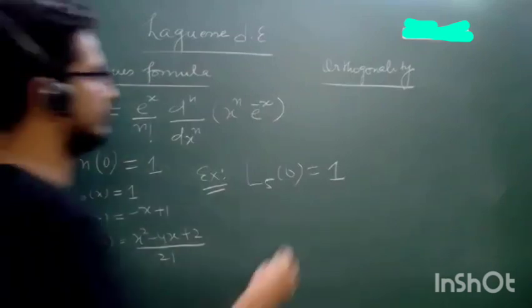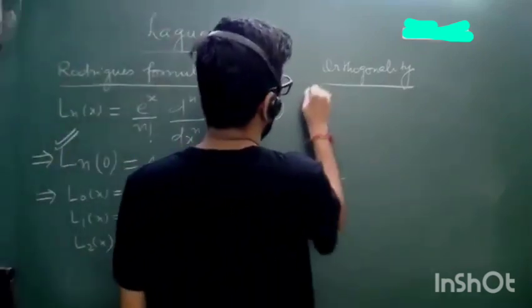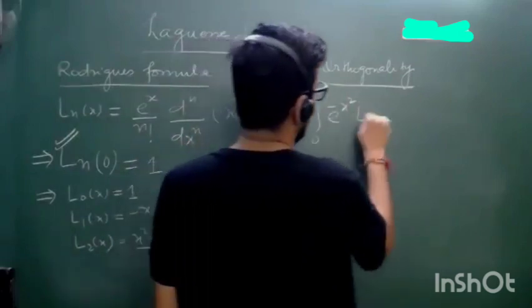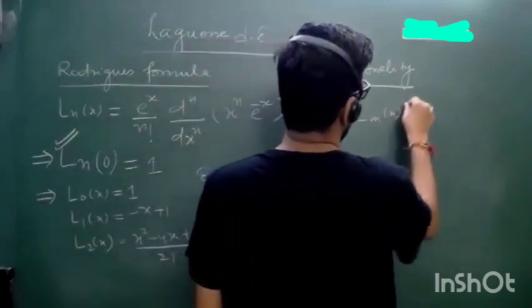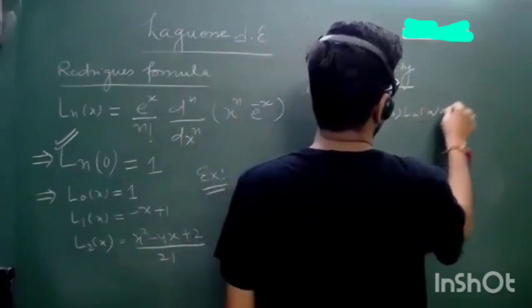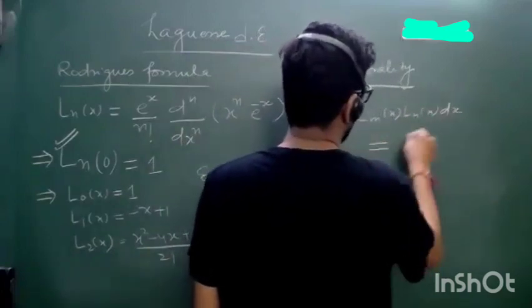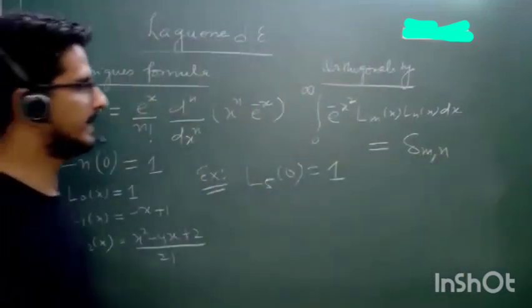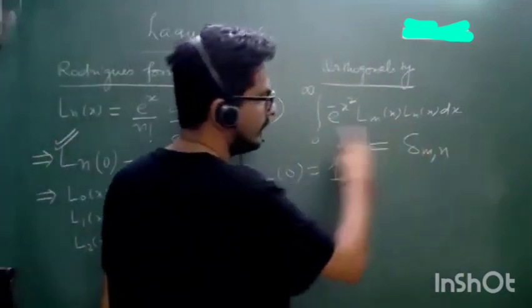So suppose integral from 0 to infinity e to the power minus x, the weight, Lm(x) Ln(x) dx is equal to Kronecker delta mn. The meaning is that if they are different, the value will become 0.